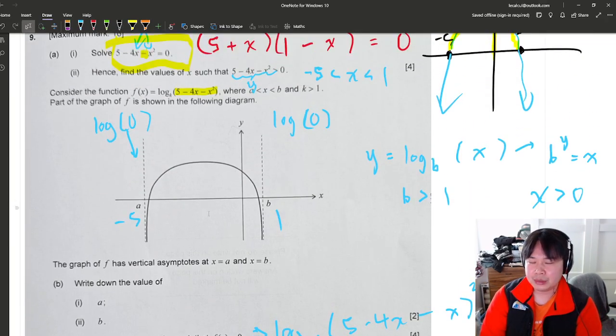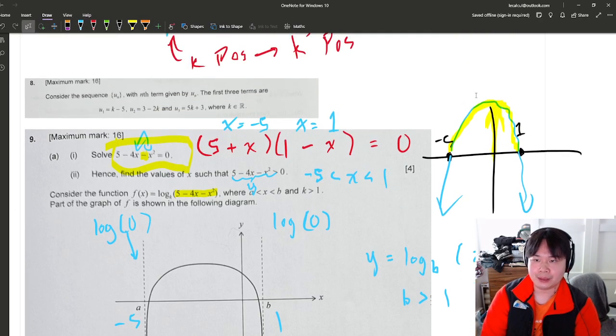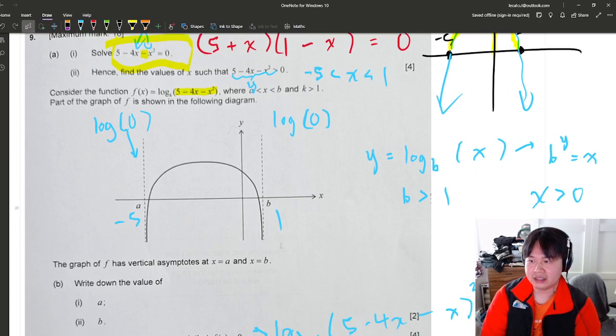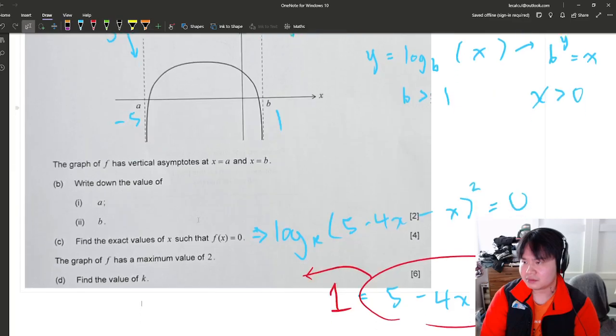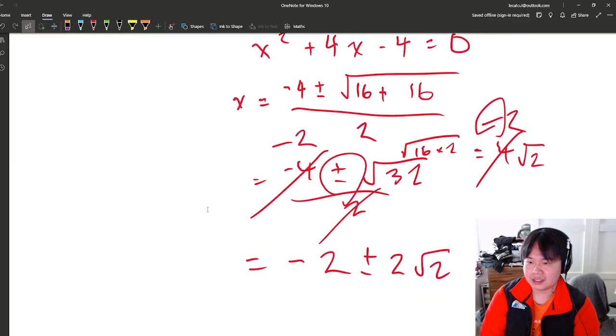So I don't think it's enough justification to say that it is the value in between A and B. It probably will end up being that way because a parabola is symmetric, and if you take the log of that, it still is symmetric. So how would we do this? Because it's worth 6 marks.